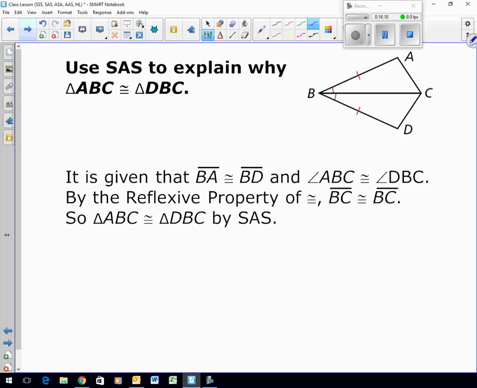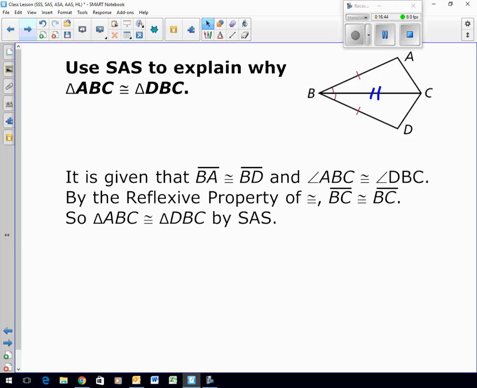It's AB, angle B, and then side BC again. What property helps me conclude, say it back to me, the reflexive property helps me conclude that BC is congruent in both triangle ABC and in triangle DBC. Okay?